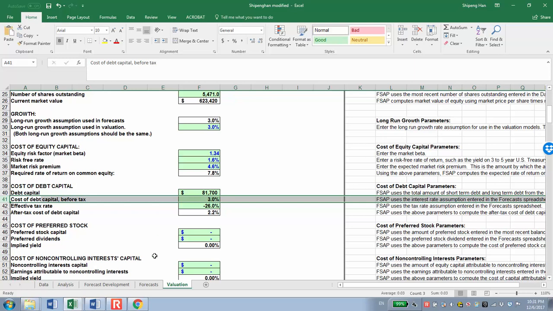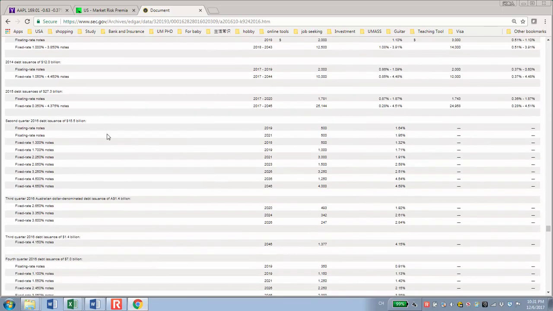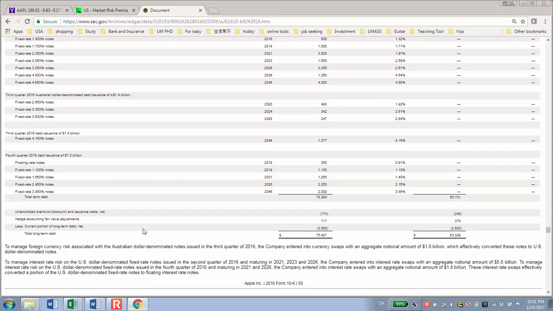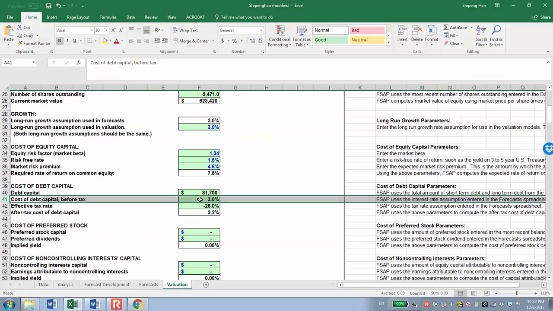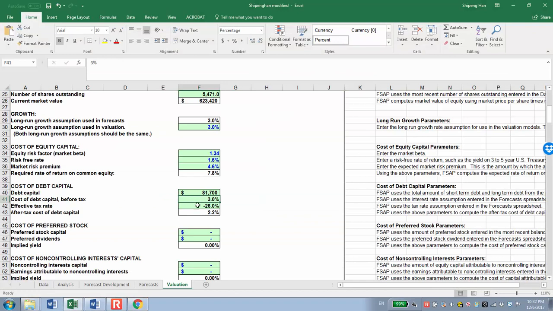Or you can calculate the weighted average cost of debt using all this information, but it seems very time consuming, so I just use a number in the middle, like 3%. So I enter 3% here, and the effective tax rate of negative 26%. The after-tax cost of debt is 2.2%, which is the before-tax cost of debt multiplied by 1 minus the effective tax rate. That's the cost of debt after tax.